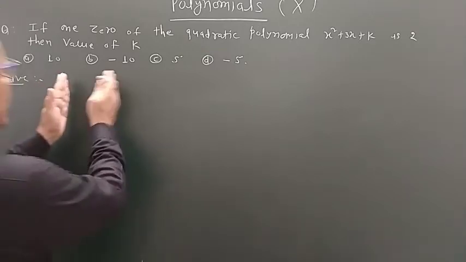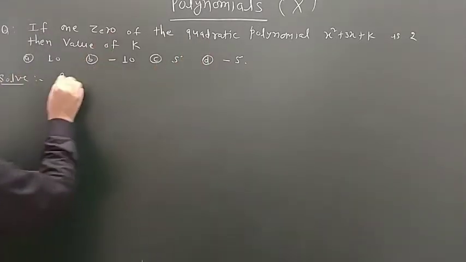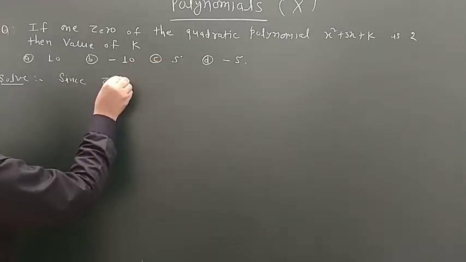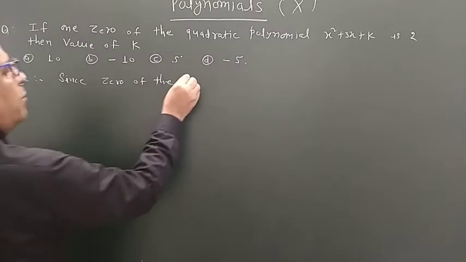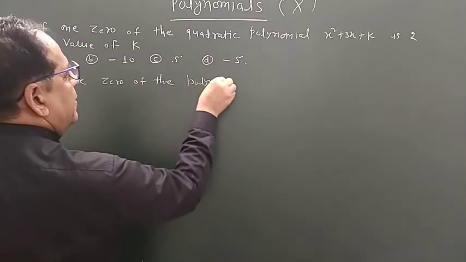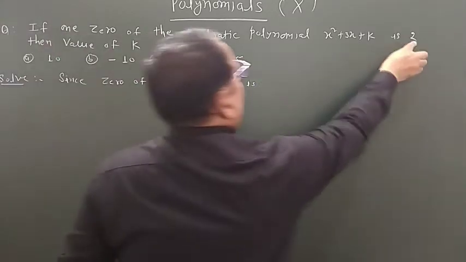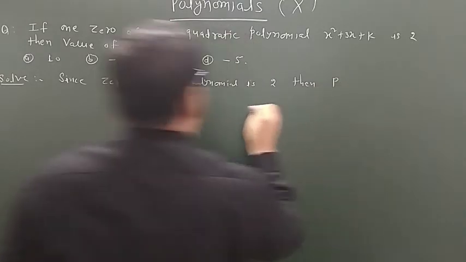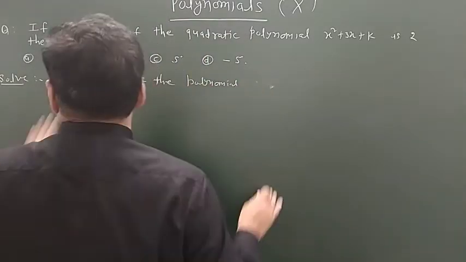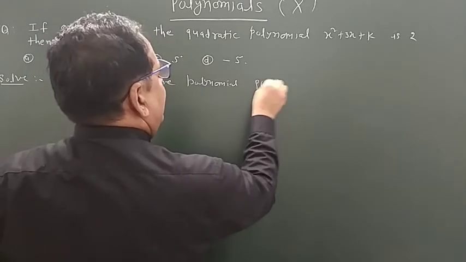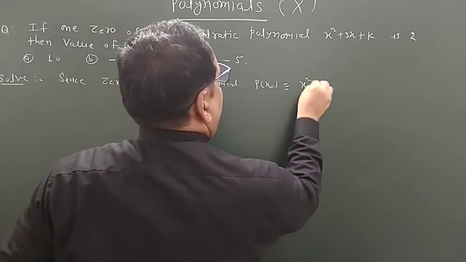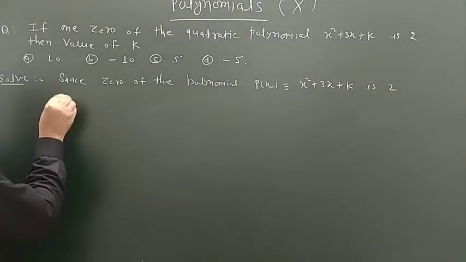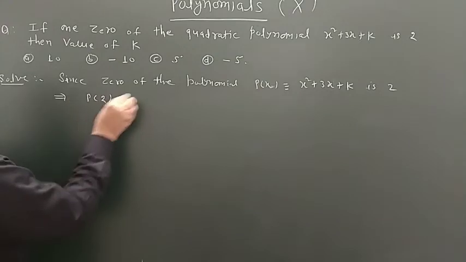This is your rough work for the MCQs. Since zero of the polynomial is 2, then since zero of the polynomial p(x) equal to x square plus 3x plus k is 2, this implies that p(2) equal to 0.